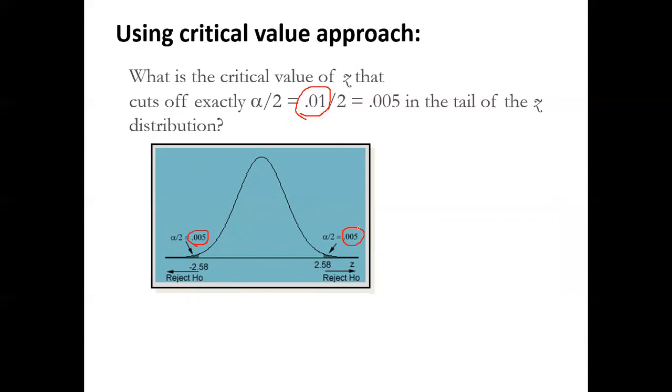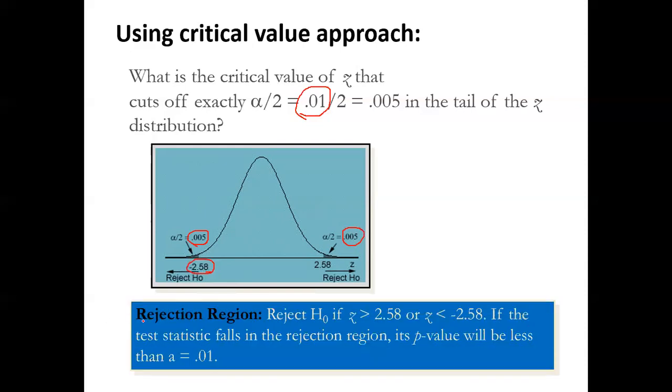When you check in the standard normal table, you will get the Z values negative 2.58 and 2.58. So you will get the value of negative 2.58 in the standard normal table.